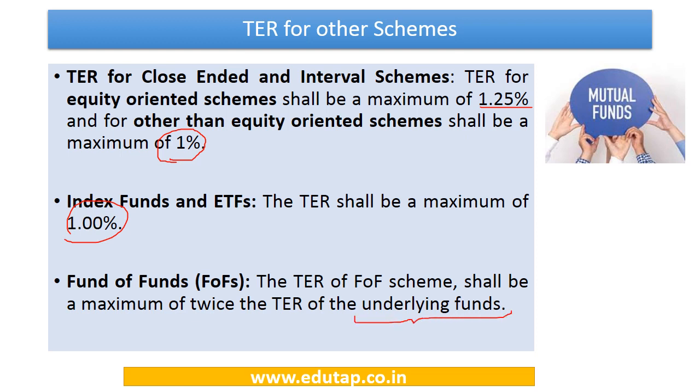Now all these terms, close-ended, interval schemes, index funds, exchange traded funds or ETFs, and fund of funds, have been separately discussed elaborately in one of our earlier videos in which we have discussed the important news items with regard to mutual funds. So we are not covering them in detail here, and you are advised to refer that particular video for detailed discussion on these schemes.